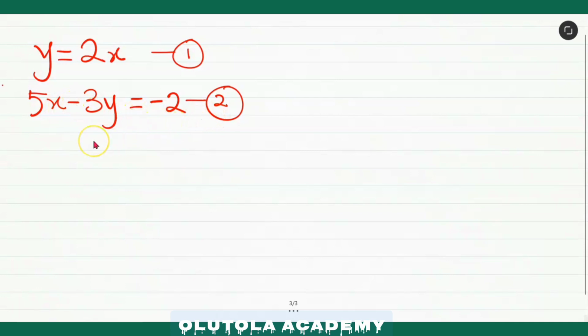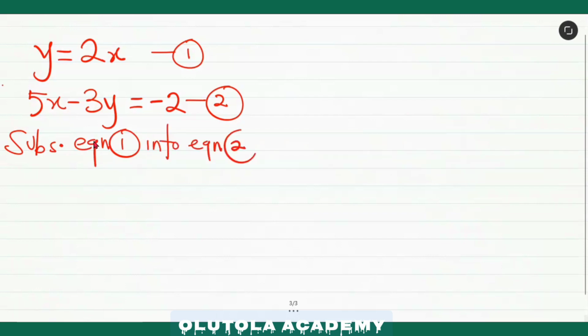So what I will do is to substitute. I'm going to substitute equation 1 into equation 2. So that'll be very easy. 5x minus 3, in the place of y here, I'm going to put 2x into bracket 2x equals to minus 2.